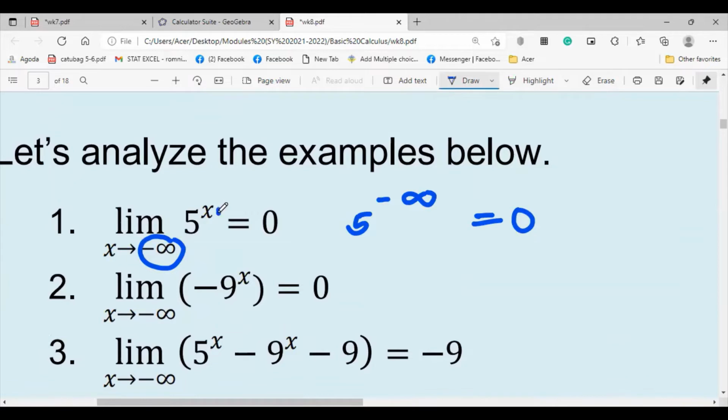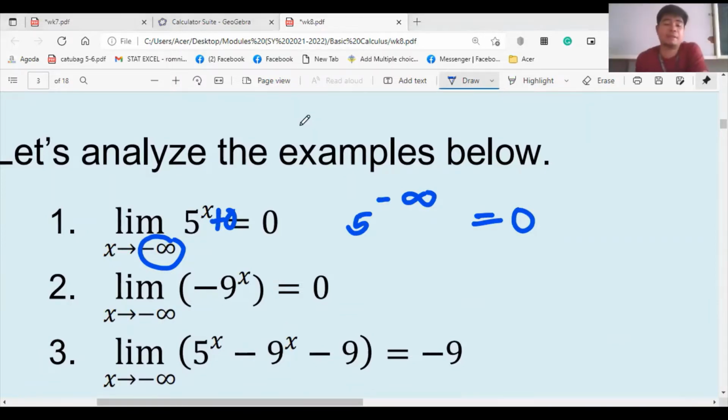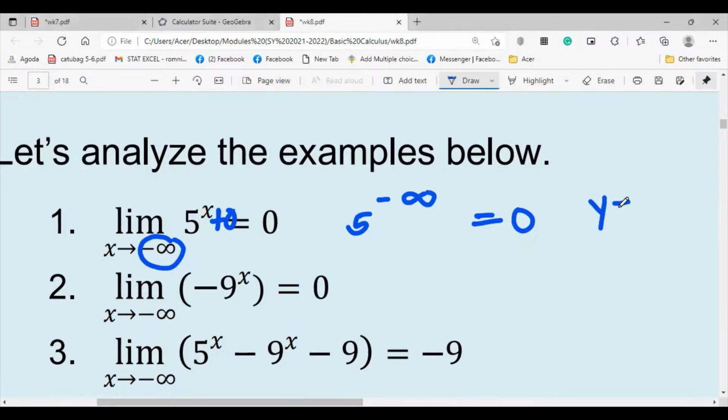Ano bang constant nito? Ibig sabihin, you have an idea na parang plus 0 siya. If you don't see any constant, it is understood that there is 0. I hope that's clear. So kapag tinanong ka, what is the horizontal asymptote, your answer here, y is equal to 0 is the asymptote. And the limit is simply 0.